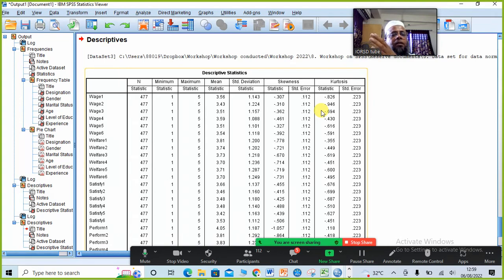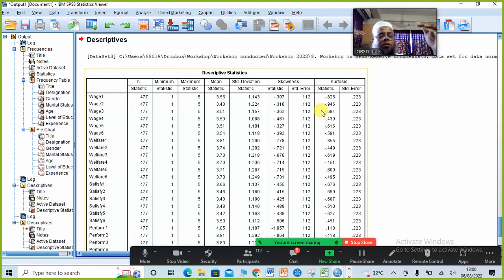More data is less than 3. If we are using 5-point Likert scale data, more data is on the left, meaning more respondents have selected 1 and 2. If it is positively skewed, then more data has been selected 4 and 5, which we can easily understand from the skewness.